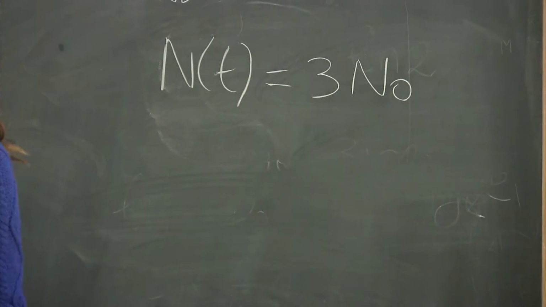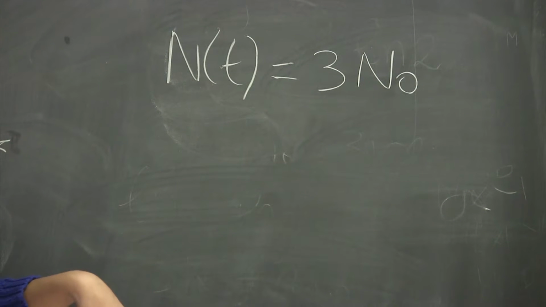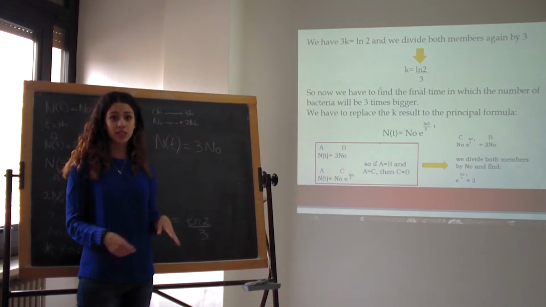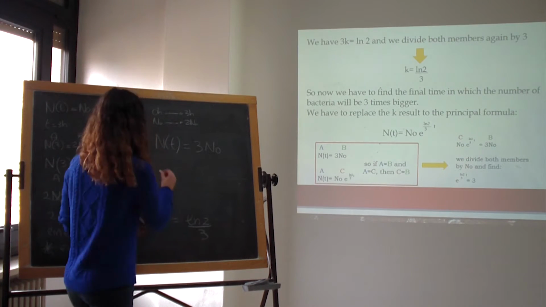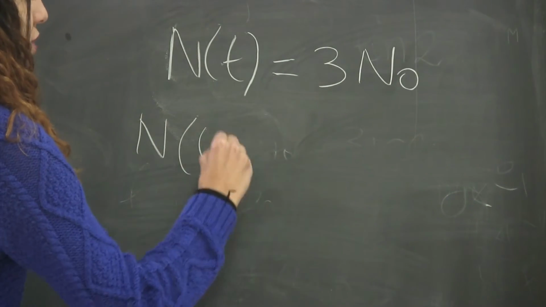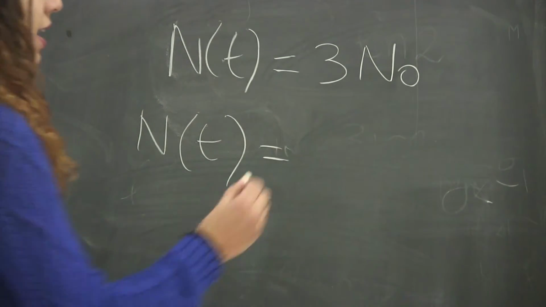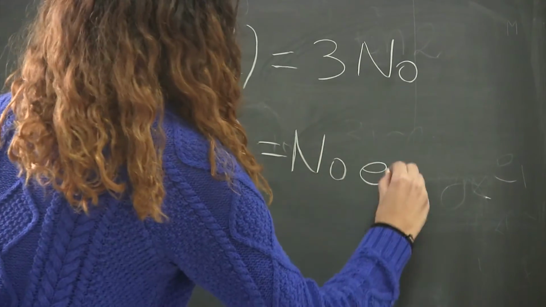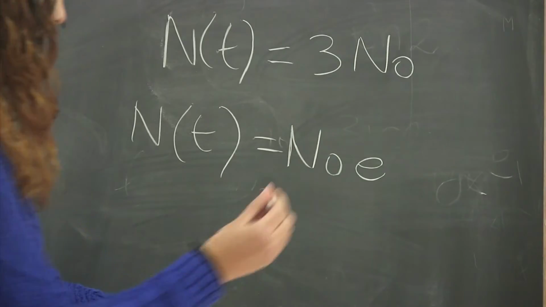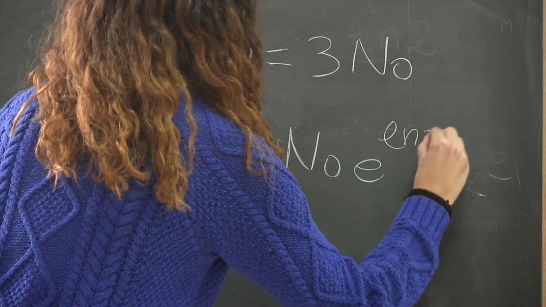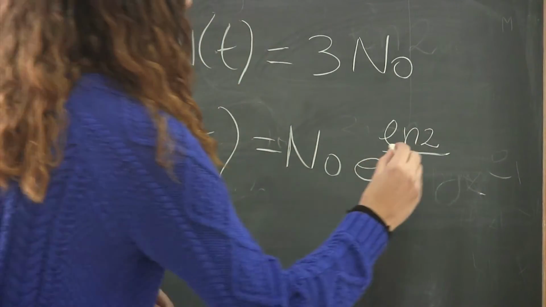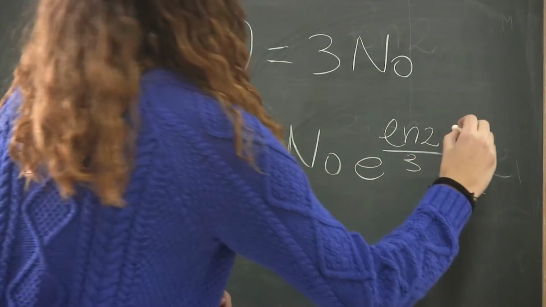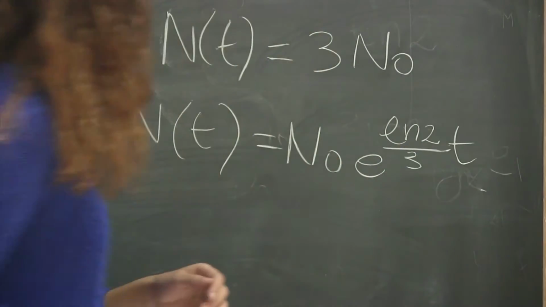And the second equation is where I replace the key result in the principal formula. So I have that N of t is equal to N naught times e to the natural logarithm of 2 divided by 3 times t.